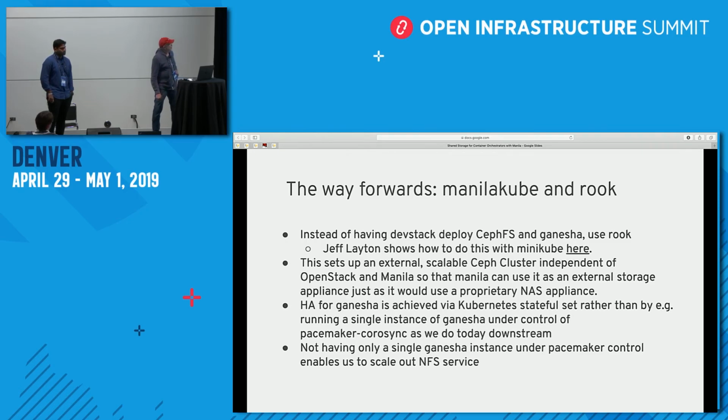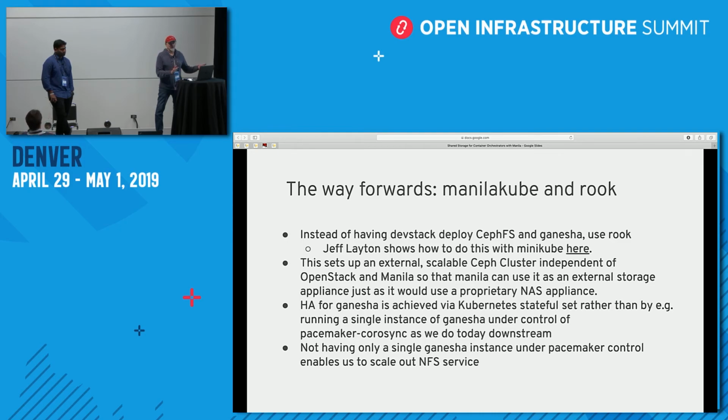One of the challenges, both for the Manila share service, which is like the Cinder volume service, the service back on the diagram I did, I won't pull it back right now, that actually interacts with the storage, is that it runs today in an active-passive manner, and we have to manage it by Pacemaker. Similarly, Ganesha today, as we ship it, runs where you can only run one active instance at a time.